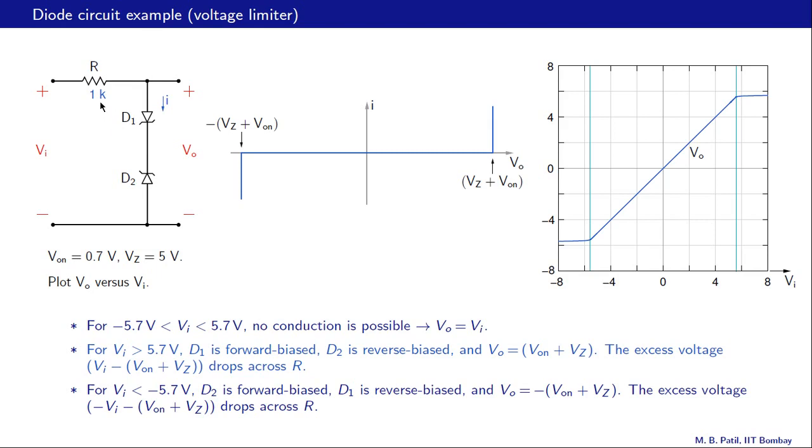Now if we make this 10 ohms for example, then the current would be 4.3 volts divided by 10 ohms. So that is 0.43 amperes, and that's a rather large current, and this voltage source may not be able to supply that current. So this current limiting functionality is what we need to consider when we select this resistance value.